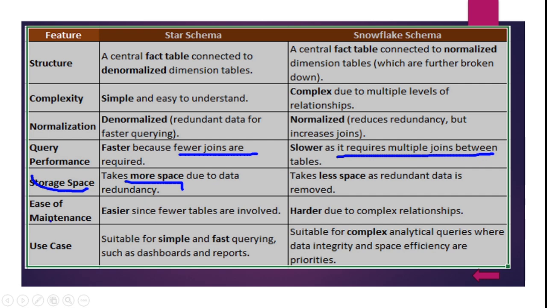And then we also have another feature, ease of maintenance. So when it comes to ease of maintenance, we are saying in a star schema that it is easier since fewer tables are involved. This is very true.